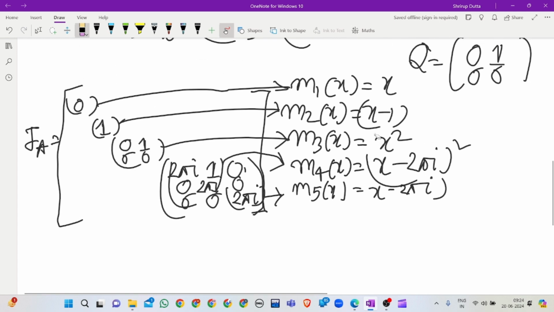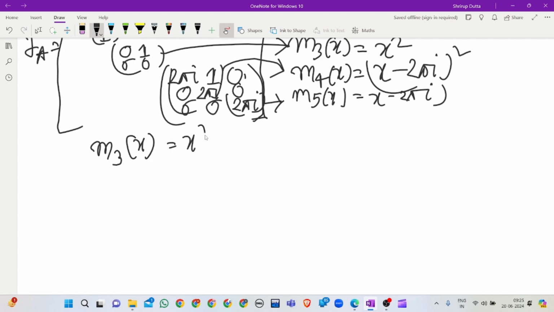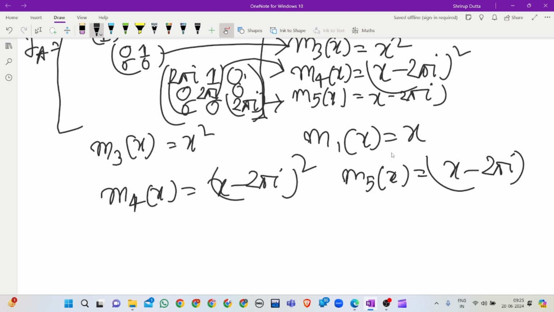Now m3x is x square, m1x is x, m4x is x minus 2 pi I square, and m5x is x minus 2 pi I. What I am trying to say is m3x will annihilate the minimal polynomial x, and similarly m4x.